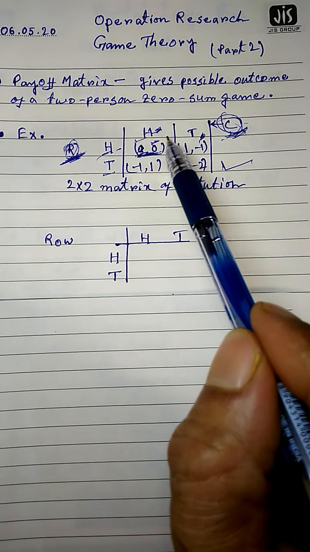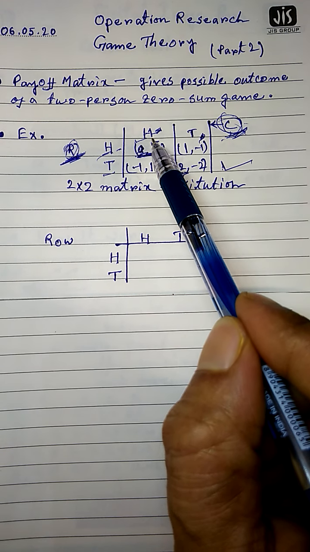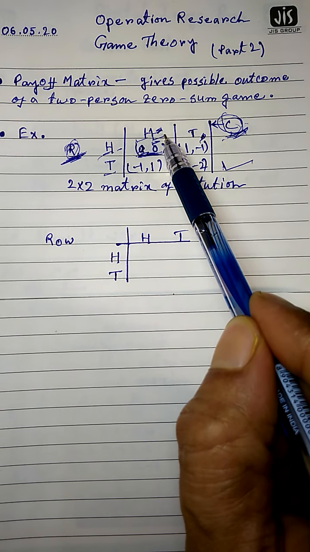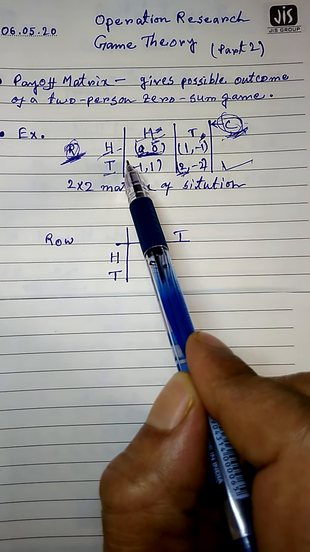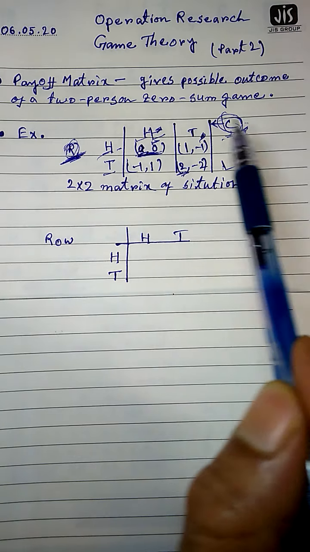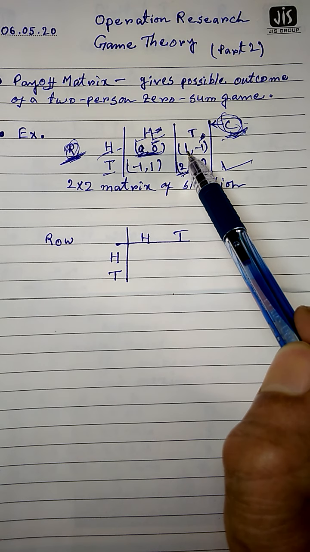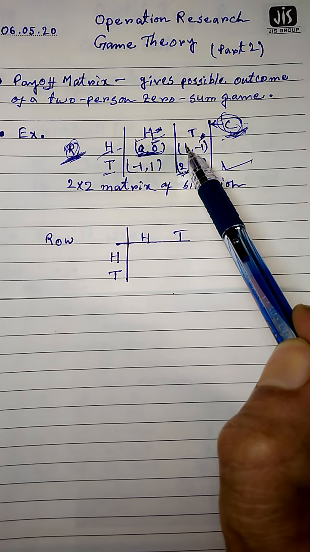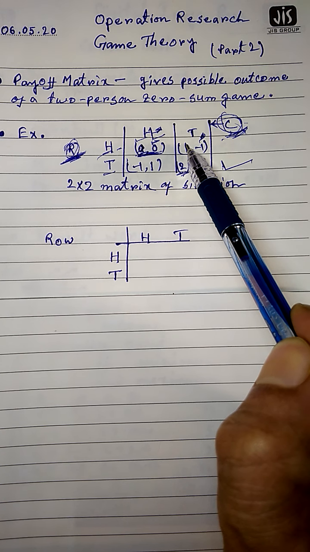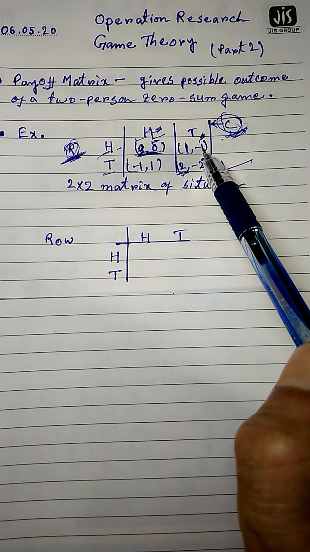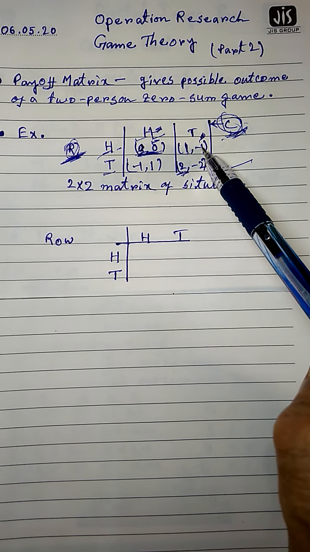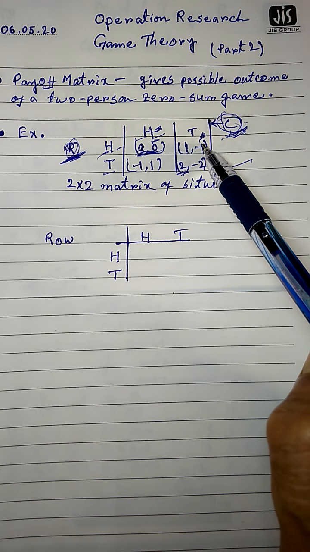This is R's move and this is C's move. That means R pays rupees 0 and C pays rupees 0. Similarly, for the next coordinate, R gets rupees 1 and C pays rupees 1.